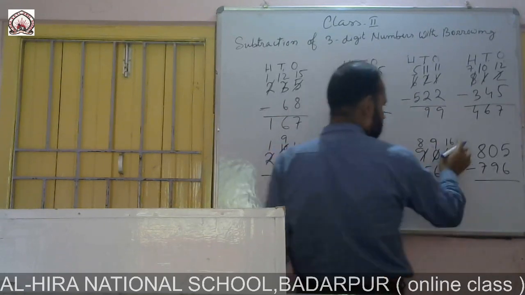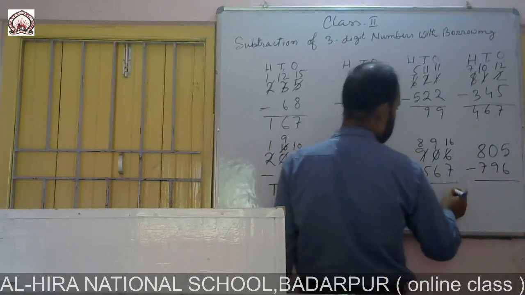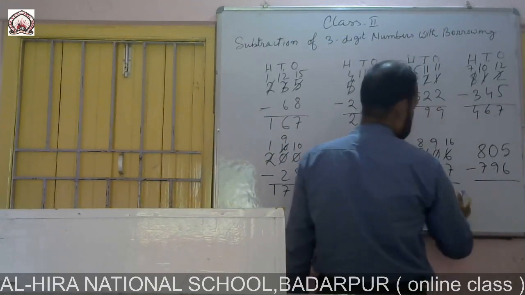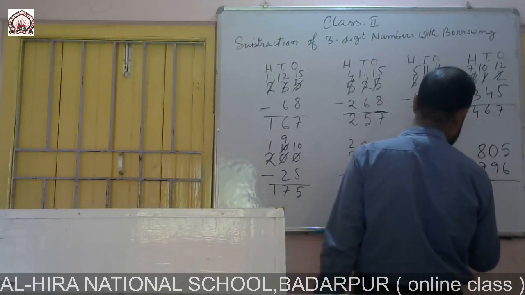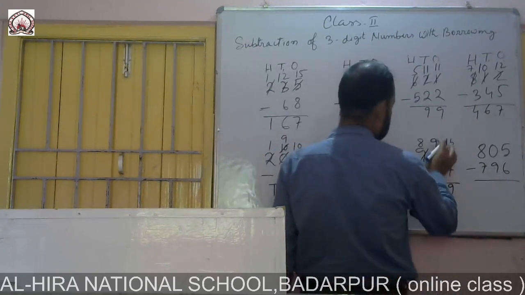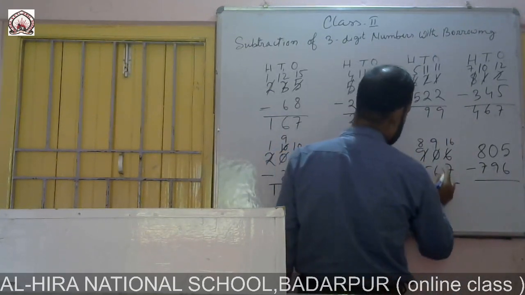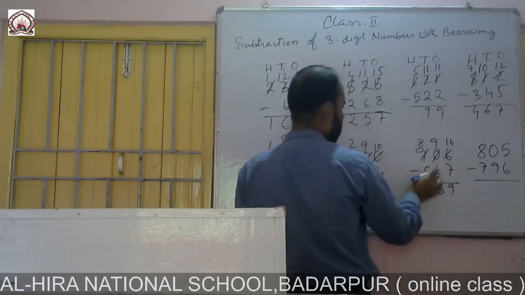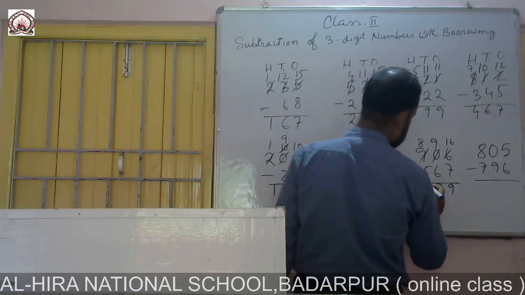So 16 minus 7 is equal to 9. 9 minus 6 is equal to 3 and 8 minus 5 is equal to 3.